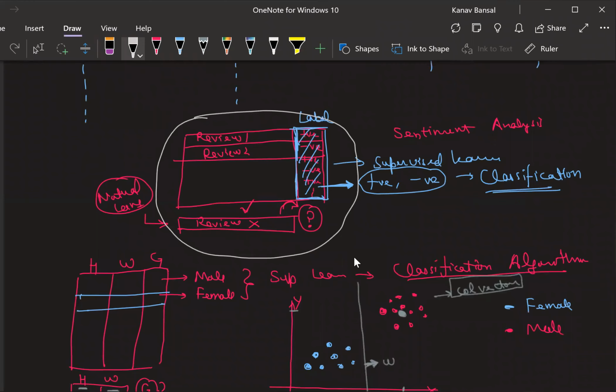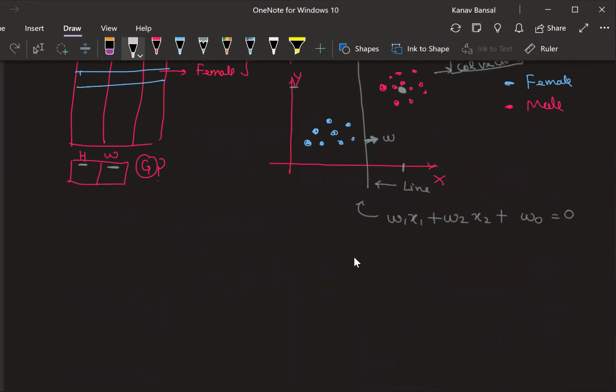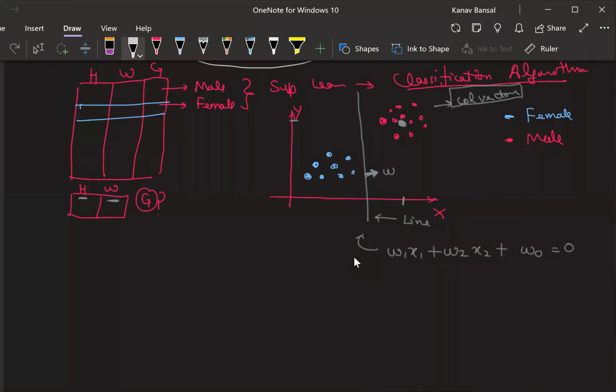So what I was saying about column vectors was, it is very easy for us to plot all these points on this graph, because you just consider X as height and Y as weight. But in mathematics, how do we represent these points? We represent these points using something called a column vector.